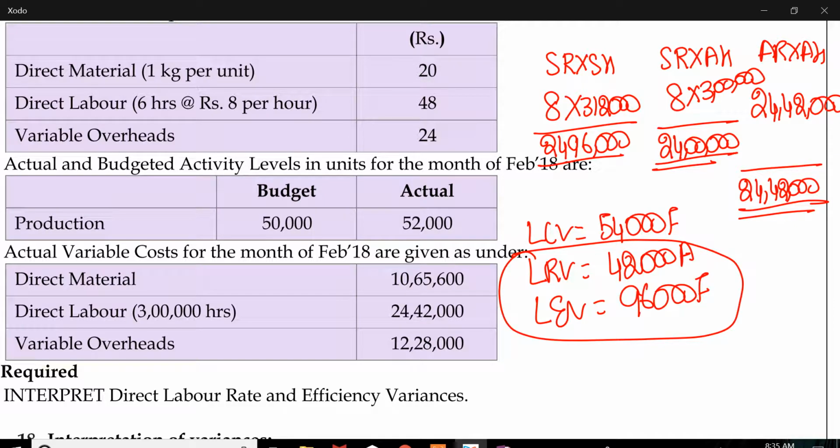Next, the company has a favorable efficiency variance. And this could be because of the following reasons.